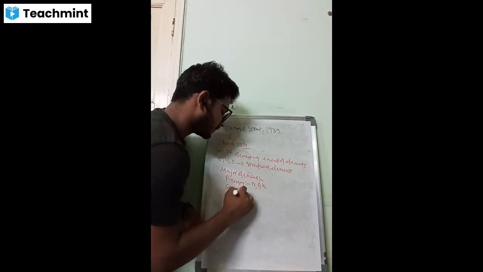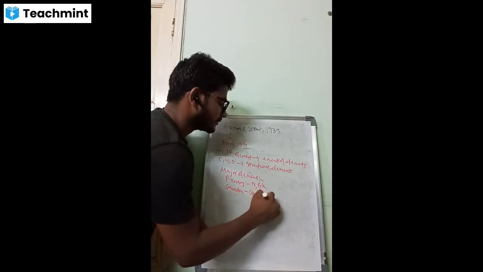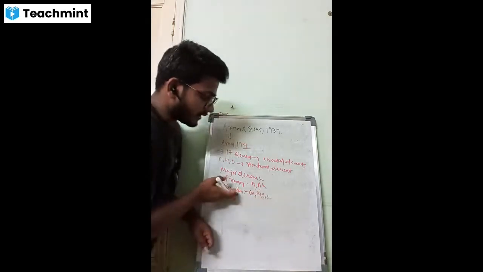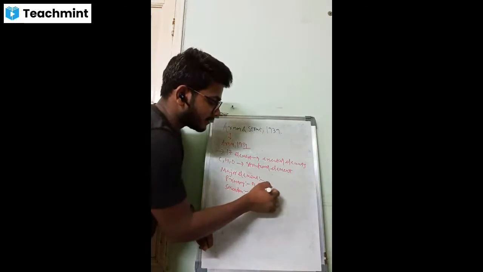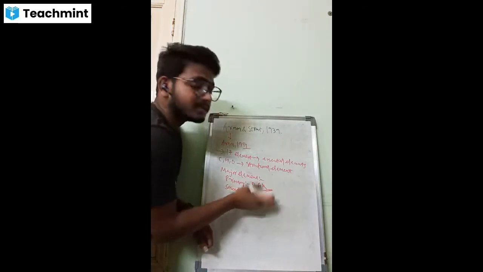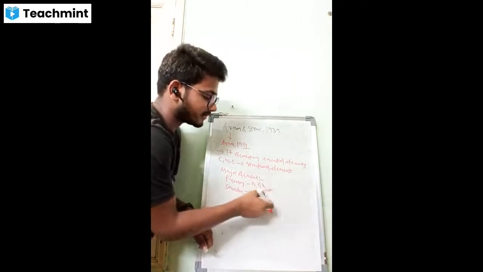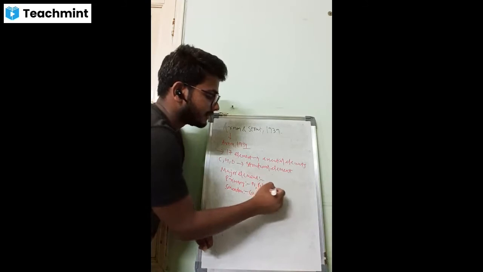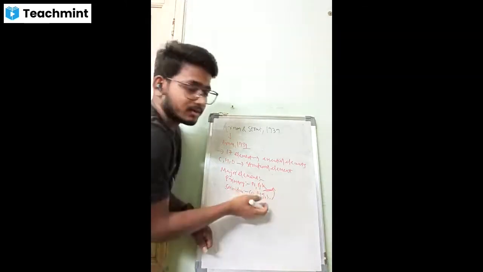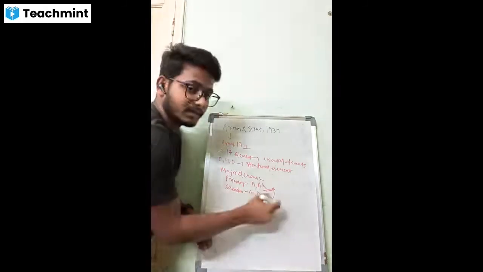Secondary major are calcium, magnesium and sulfur. Why they are called secondary elements: in the supply of primary elements they are also applied, so there is no need to apply separate fertilizer for these. They are associated with the primary elements, so they are called secondary elements.